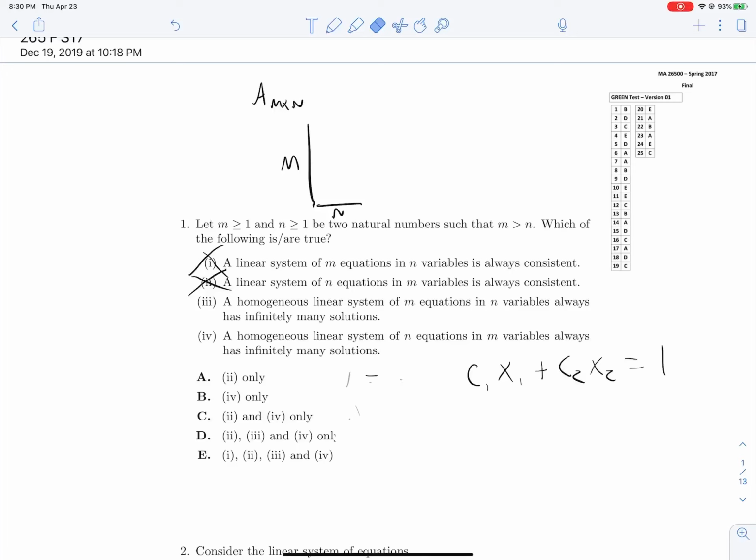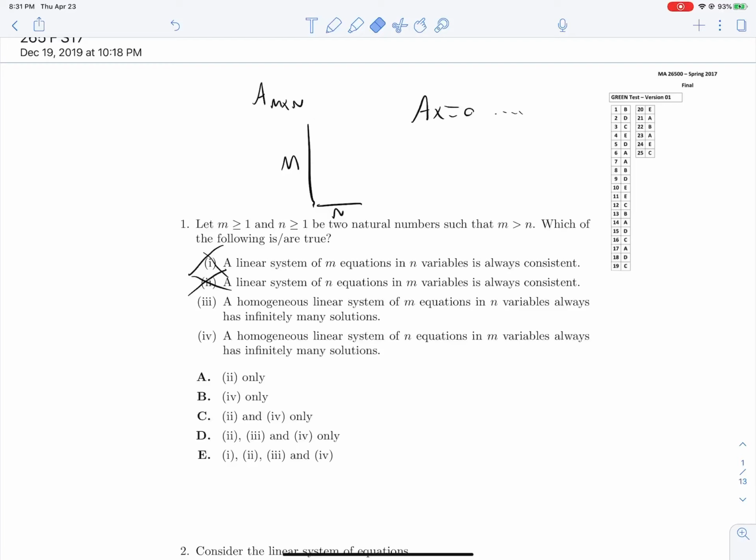What about 3? A homogeneous linear system of m equations in n variables always has infinitely many solutions. So we can come up here and take a look. M equations, n variables. What that really should mean to you is that Ax equals 0 has infinitely many solutions, which means that the matrix does not have a pivot position for every column.